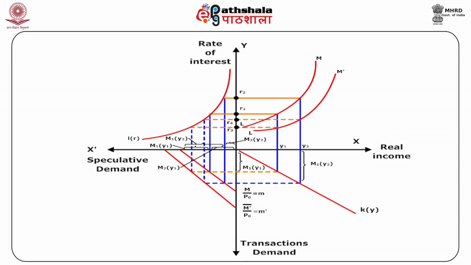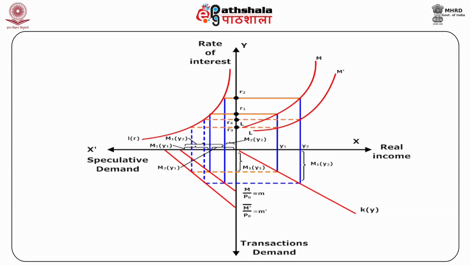So what happens is, while m1 y1 remains the same, because the total money supply has increased, the difference between a fixed m1 y1 and an increased money supply would be much larger. And what is this difference?